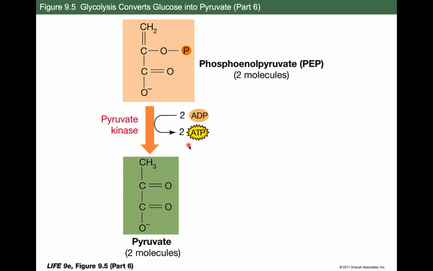So now we're ahead 2 ATP at this point, and what we're left with is 2 3-carbon pyruvate molecules. Again, what went in? Glucose went in. We get 2 pyruvates out at the end. We gain 2 ATP, and we produce 2 reduced electron carriers, 2 NADHs.